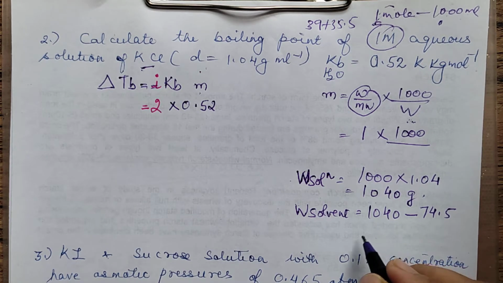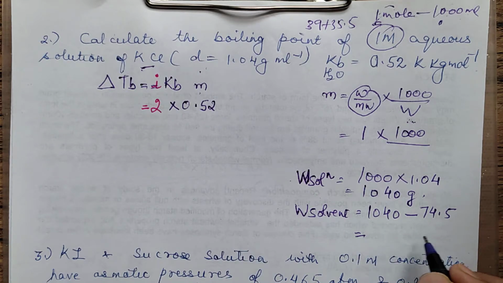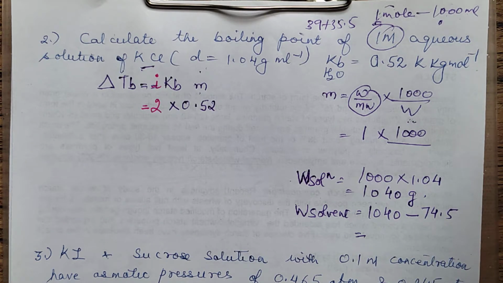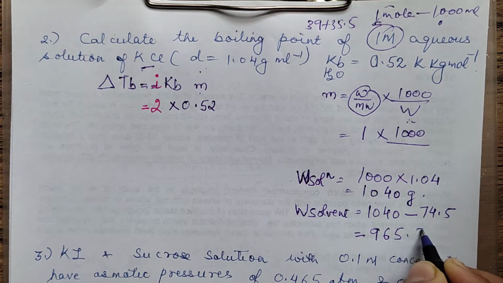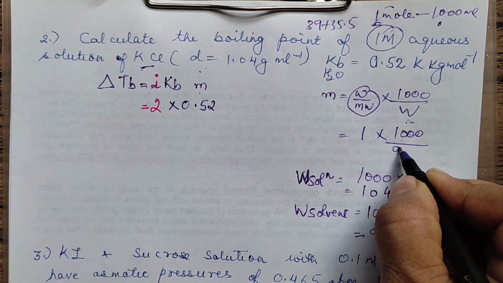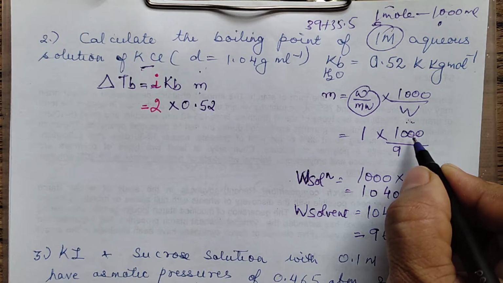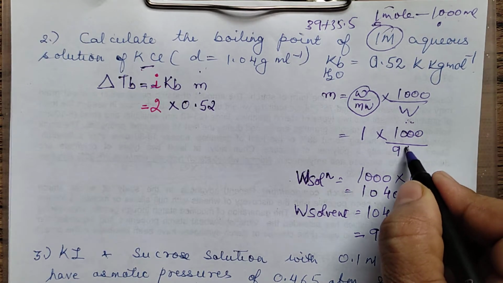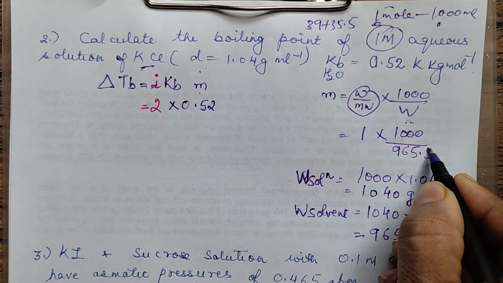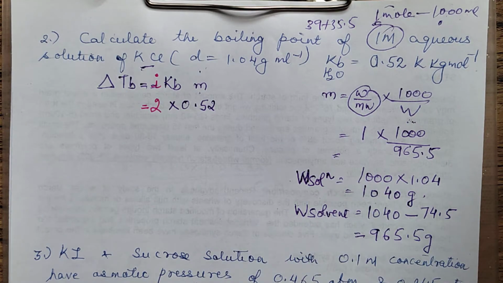You will subtract it, and you will get the mass of the solvent, that is 965.5 grams. So this weight you are going to put over here. I am using gram because I have already divided by 1000. So I will put this here, and you will solve this molality.